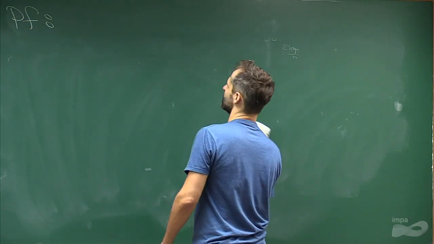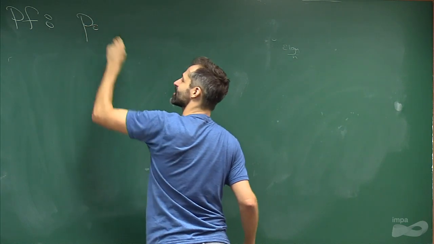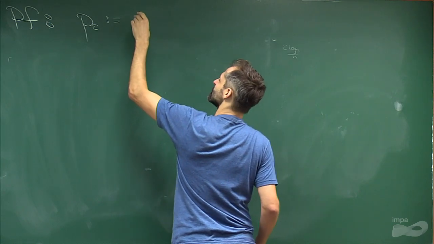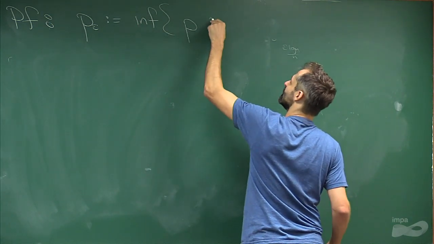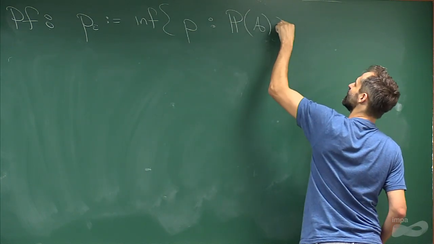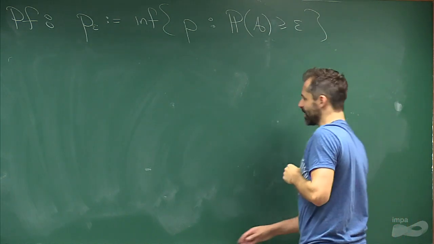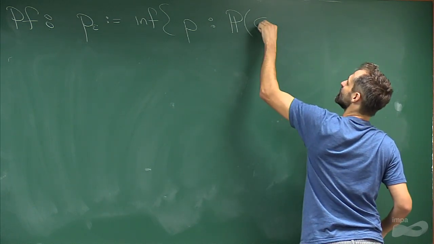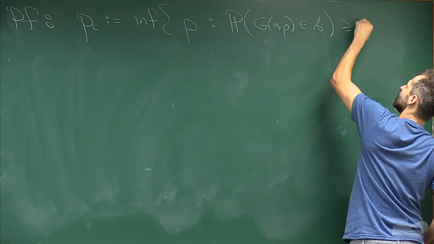So let's define P epsilon to be the infimum over P such that the probability of A is at least epsilon. So I guess what I mean is the probability that G(n,p) is in A is at least epsilon.